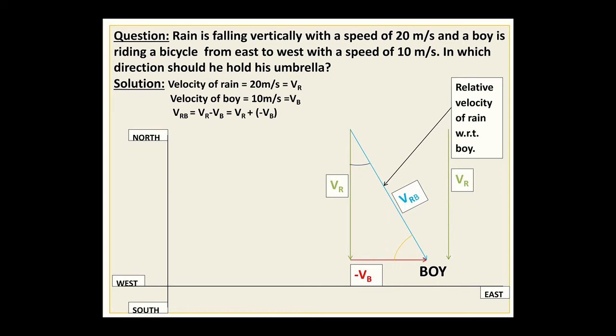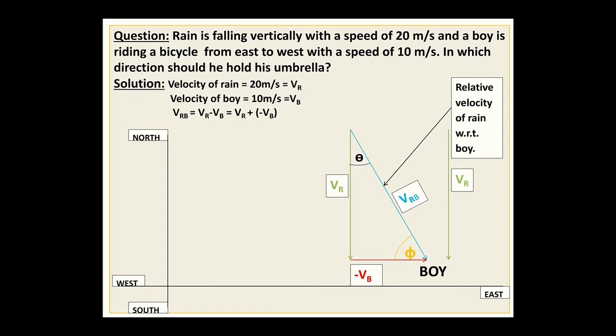Now we have to find the direction of VRB. You have two options. Either you can find the direction of VRB with respect to horizontal, or you can say minus VB or ground. Or you can also find the direction of VRB with respect to vertical, or you can say y-axis, or VR.